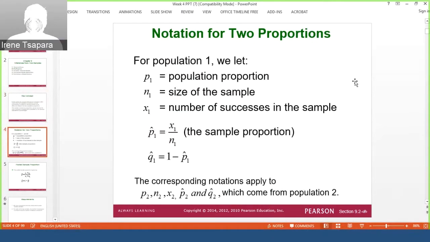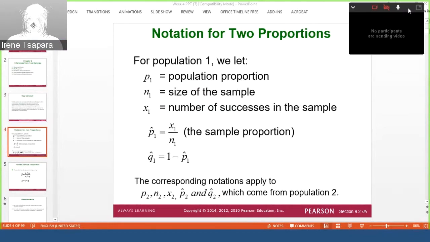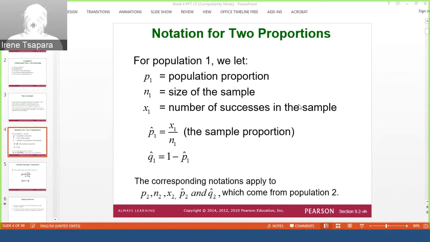So before we start, we want to make sure that we understand and learn the vocabulary for this week. So let's start with proportions. We are going to have two populations, and we are going to take a sample from each one of the populations. So we have the population proportion.